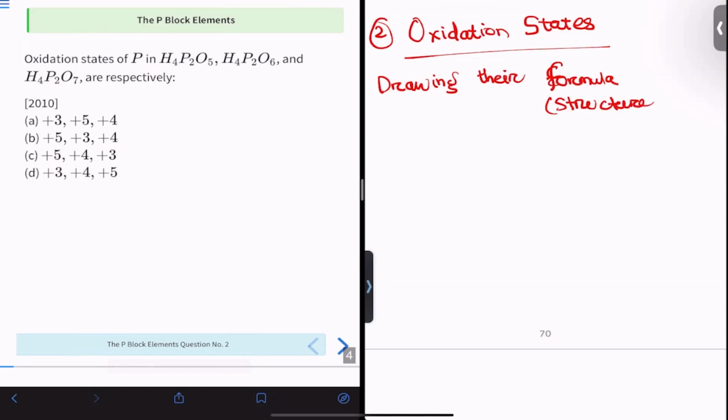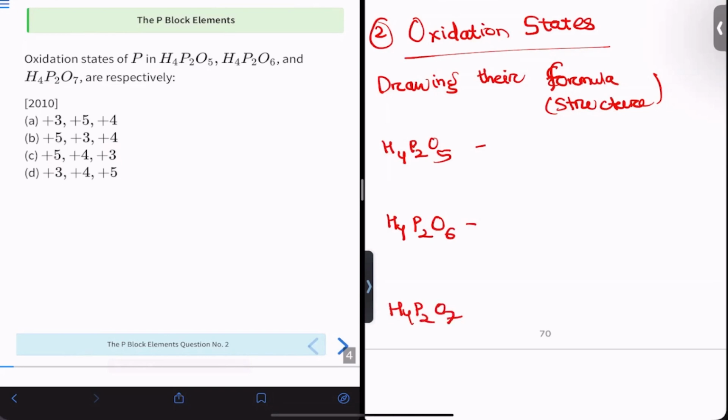It is the most appropriate way to find out their oxidation state. Okay, so I will start with H4P2O5. If you remember how to draw H4P2O5, then H4P2O6, I'll draw the structure, then we'll find out the oxidation state. H4P2O7.